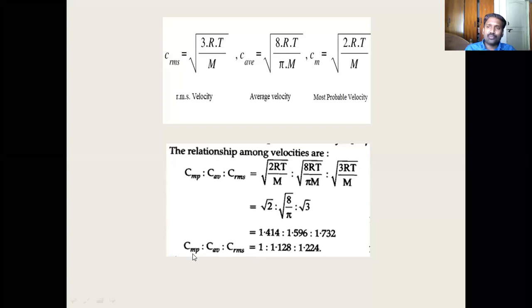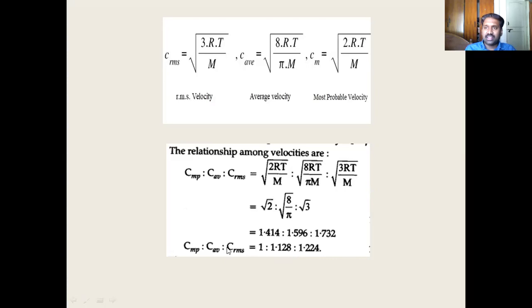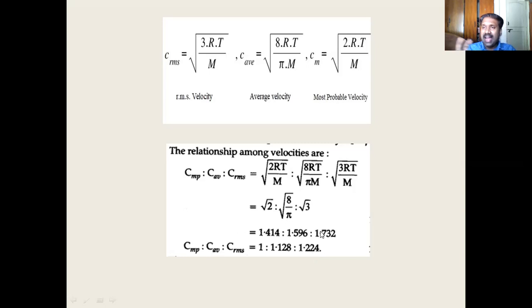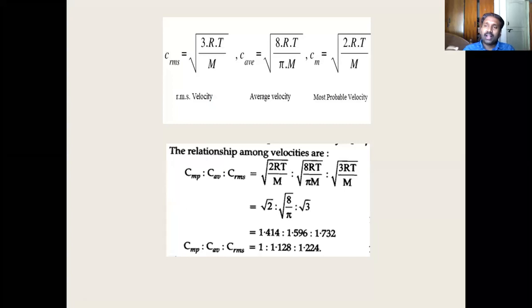If I give you the value of most probable velocity, multiply by 1.128, you will get average velocity. Multiply by 1.224, RMS velocity. If I give you RMS velocity and ask you to calculate most probable velocity, divide by 1.224, like that. So a very handy relationship, at least for solving numerical problems.